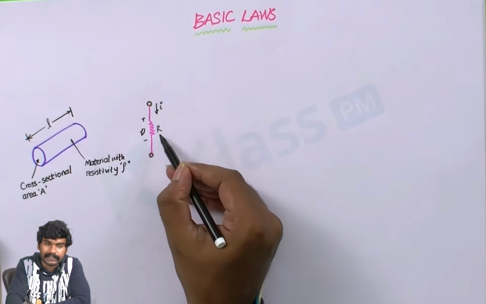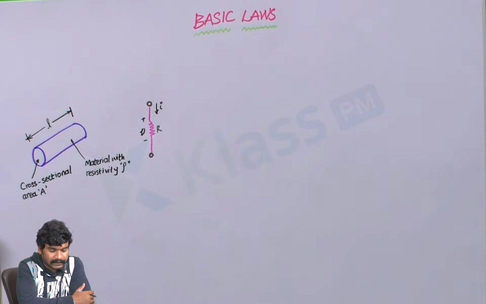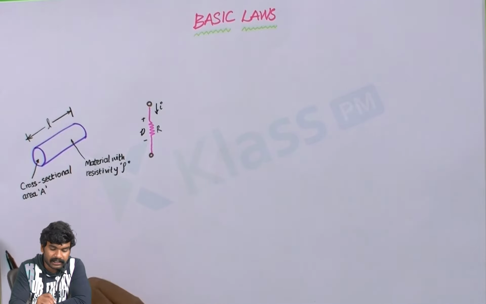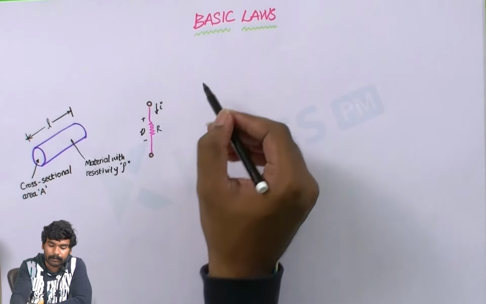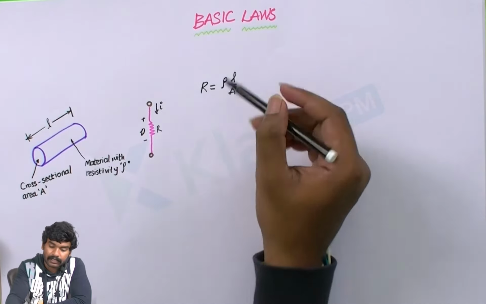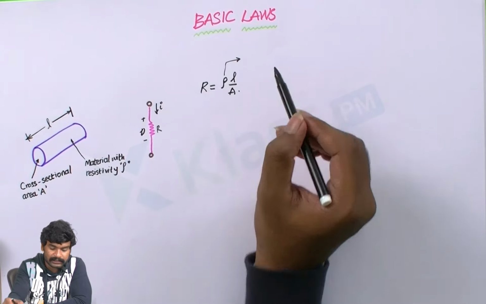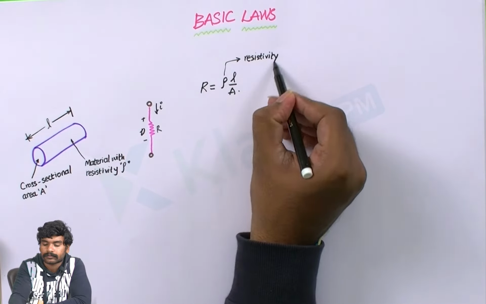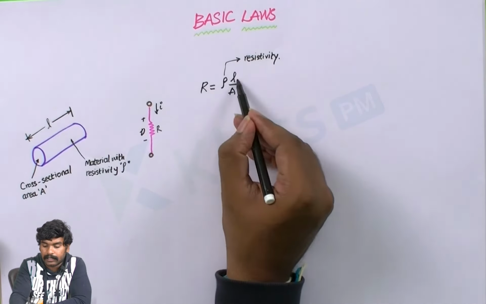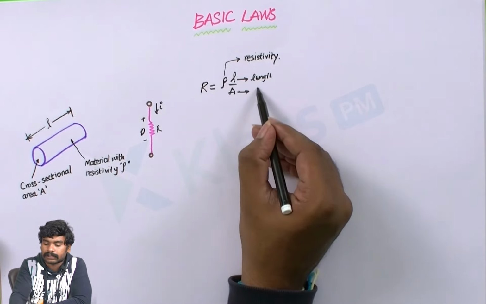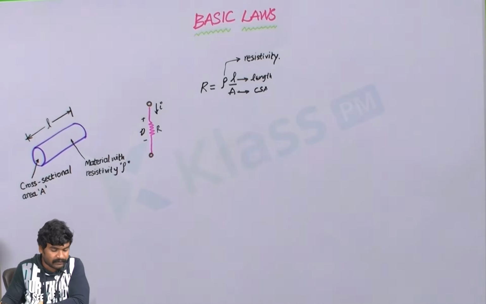It is usually represented by the symbol R. The resistance of any conductor of a uniform cross-section area A depends upon its length, and we can represent it in mathematical form as R equals rho L by A, where rho is electrical resistivity, or simply resistivity, and L is the length of that specimen and A is the cross-section area as given in this figure.